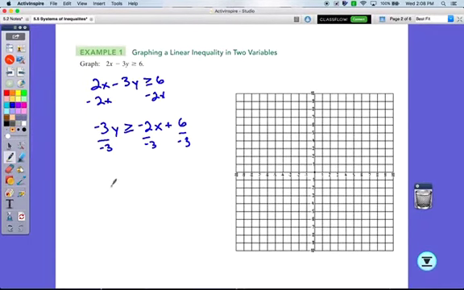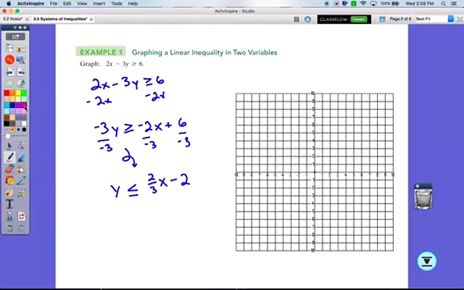So you're going to get y, and you get 2/3 because a negative divided by a negative is a positive. Then 6 divided by negative 3 is a negative 2. Remember, since we divided by a negative, we have to flip that symbol over. This becomes y less than or equal to 2/3 x minus 2.